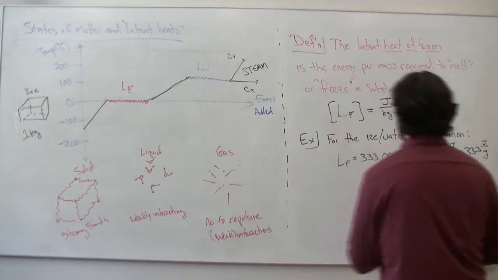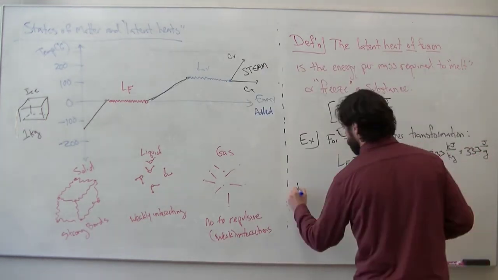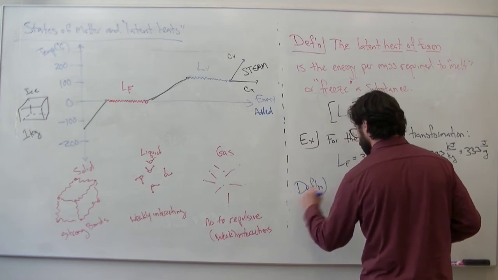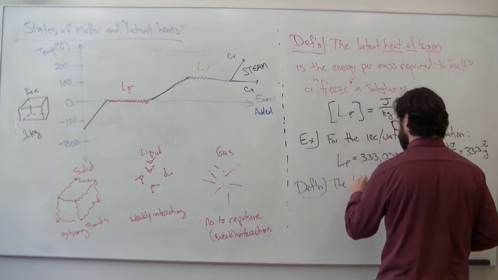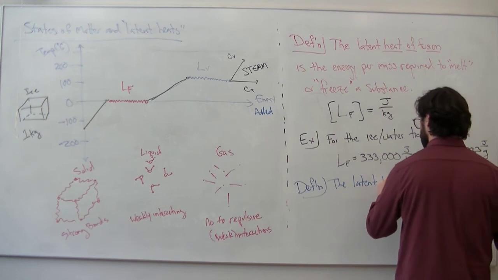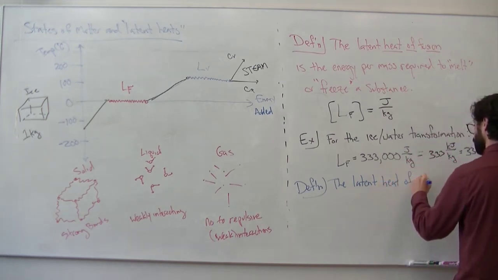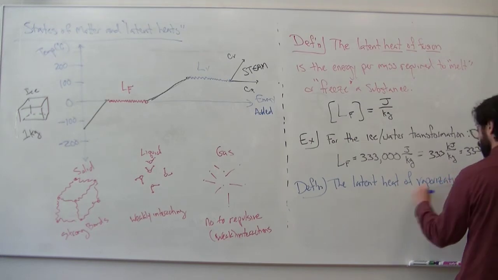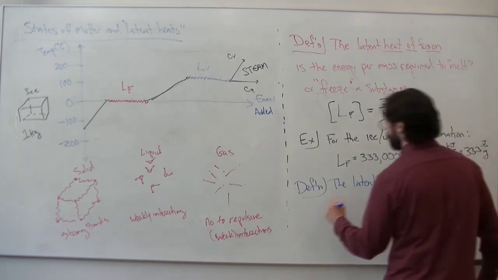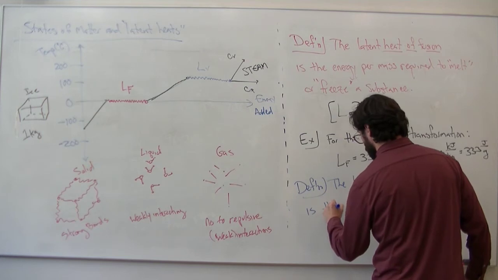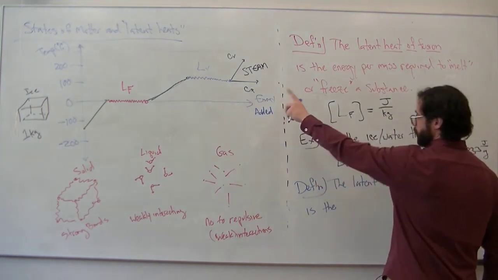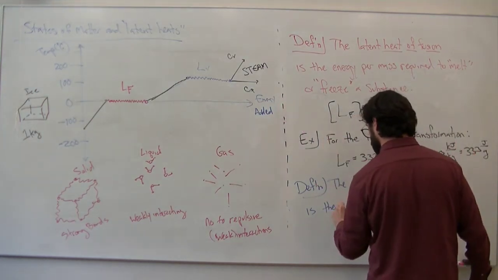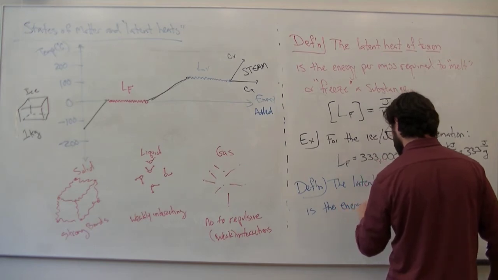Latent heat of vaporization is the energy per mass required to change from liquid to gaseous phase.